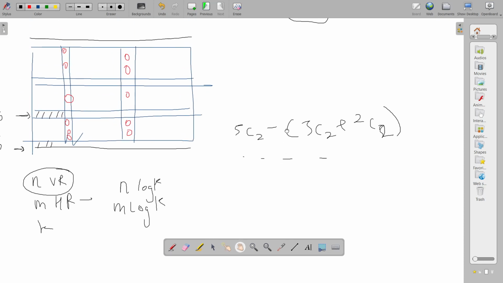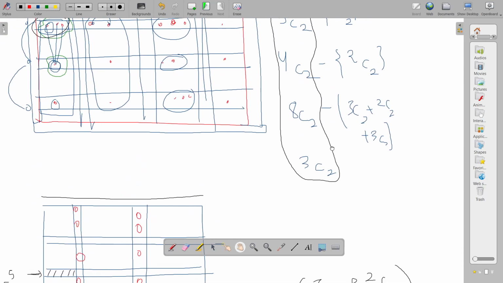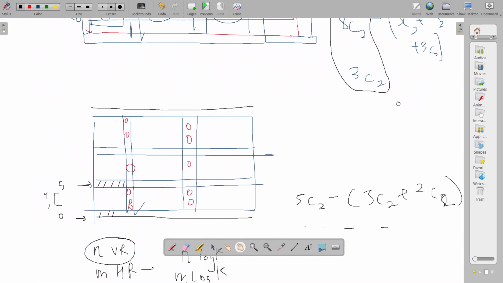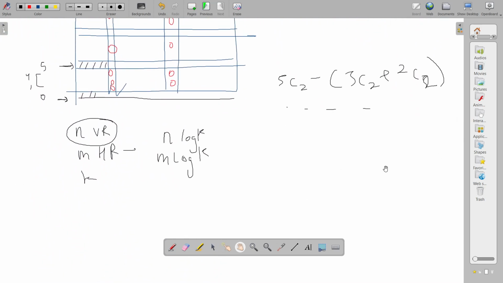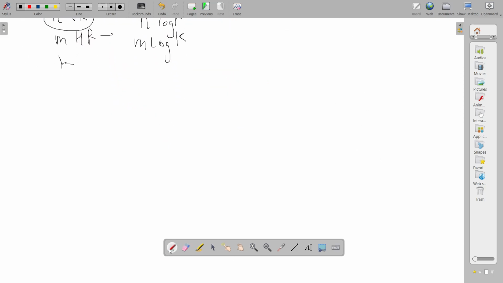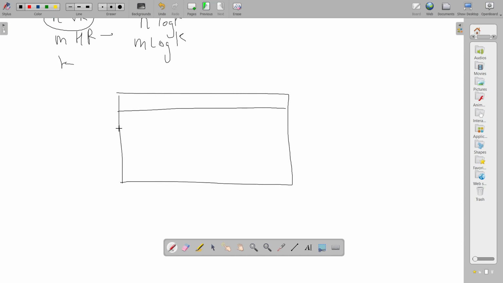Now I need to basically do this subtraction step. So let's first see, overall, what are we subtracting? So this time I'll draw, let's say I draw roads with red color.